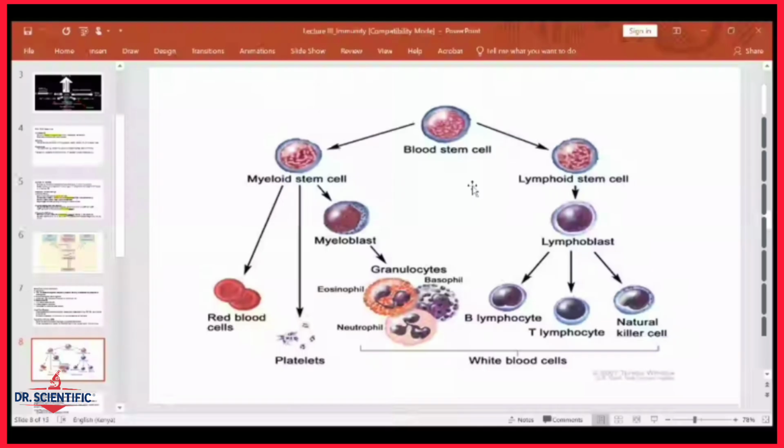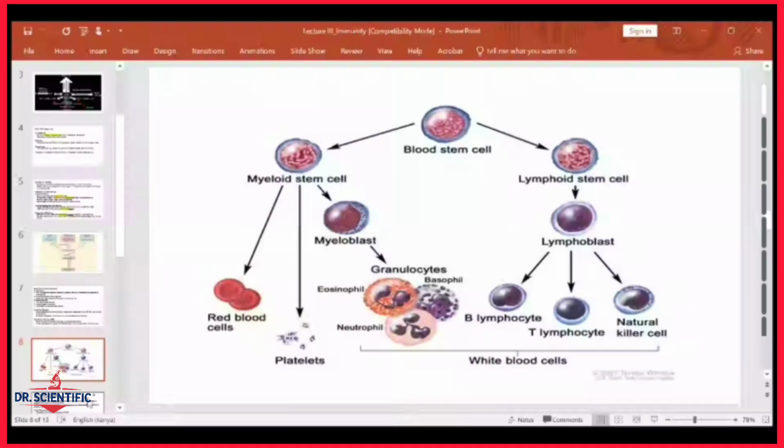We've seen the macrophages and the neutrophils are from this pathway. The natural killer cells are from the same pathway as T and B cells. But ultimately, natural killer cells are important cells in the innate immune system, while these two cells are important in the adaptive immune system.